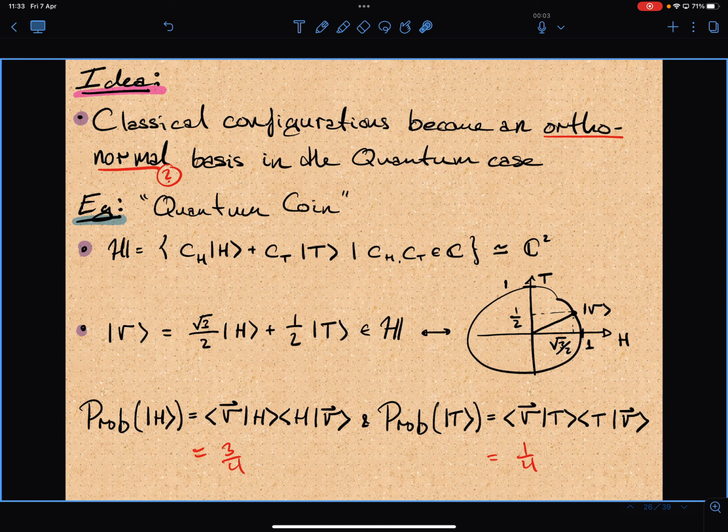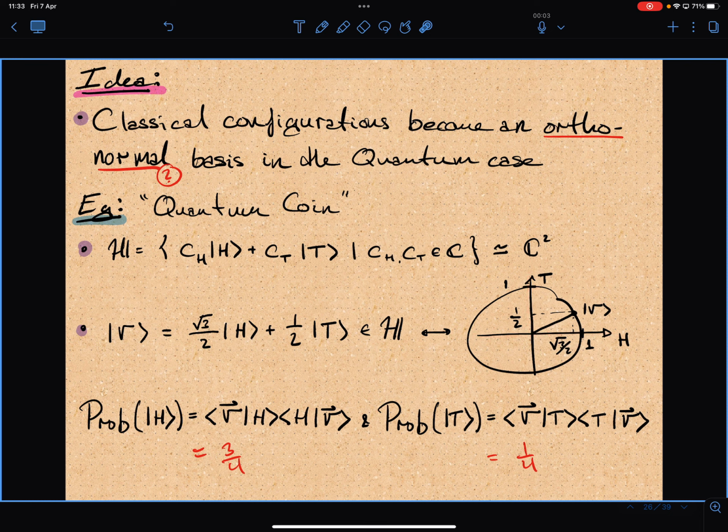Orthonormality of the basis H and T. Which graphically is that this is a right angle. So in this diagram, there's this unit circle, meaning that if a configuration lies in here, that's a configuration, and that these classical configurations are orthonormal is that this is perpendicular.